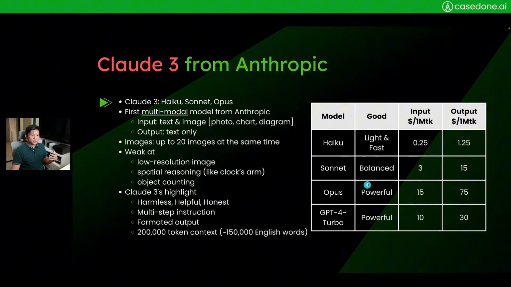The Sonnet and Opus are more powerful, where the Opus is the most, and the cost is extremely high at $15 per million input tokens and $75 per million output tokens. It's even more expensive compared to GPT-4. So in building applications, I start with the Sonnet or the Haiku myself.